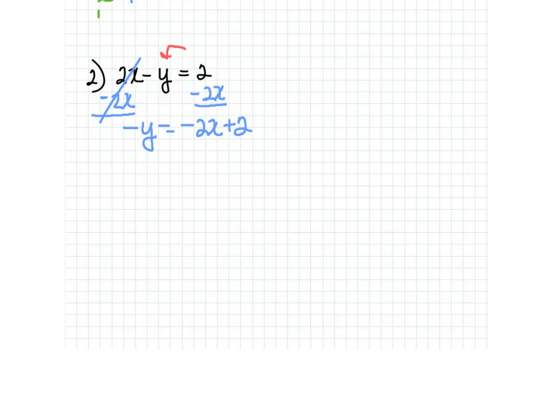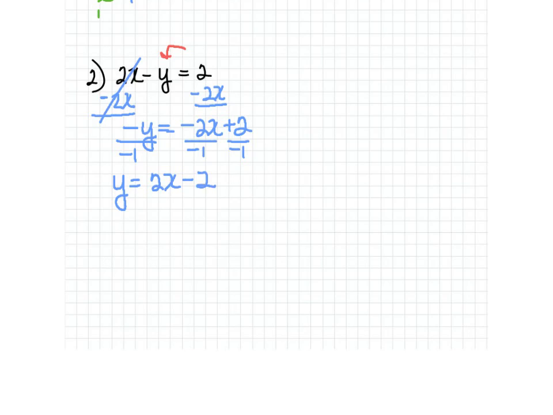Is y isolated? No, it's not. Y has a coefficient of -1. So I need to divide by -1, and whatever I do to one side, I've got to do to the other. So y equals 2x minus 2.